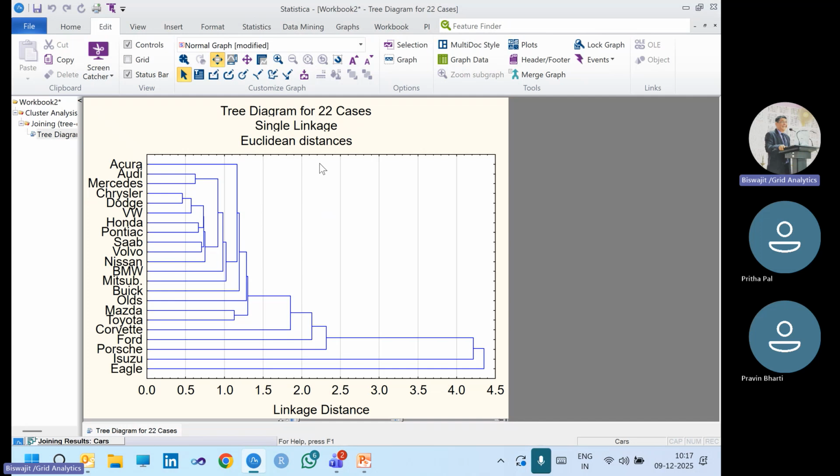This graph is a very popular graph, also known as the dendrogram, right? As you may be aware, all the numerical analyses in Statistica are always complemented with graphical representation or visualization. So you get this graph, which is the dendrogram.